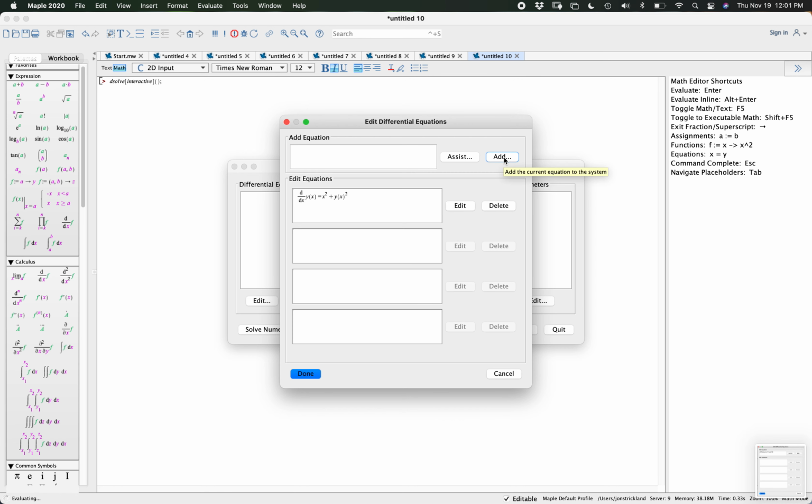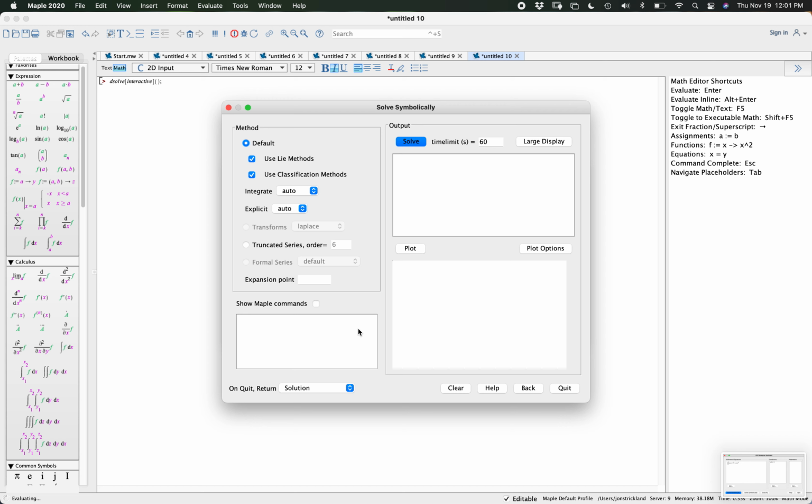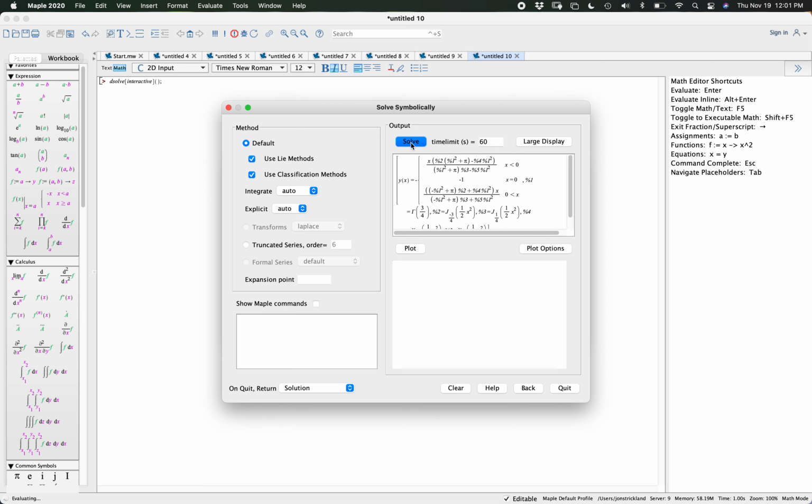This is what I got here. Then we have solving symbolically. And if I go with the default method and I solve, this is not going to be the most attractive display.